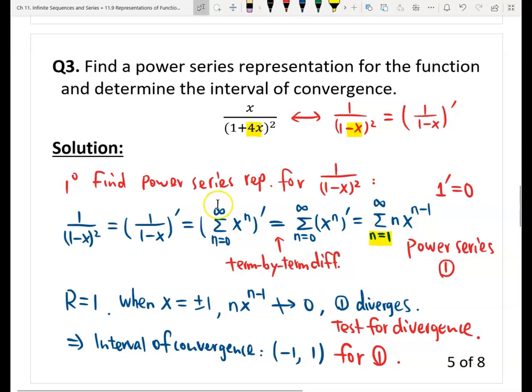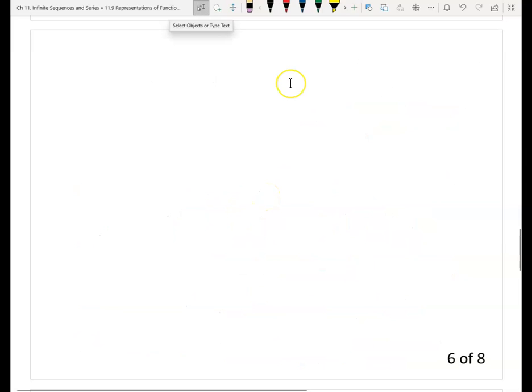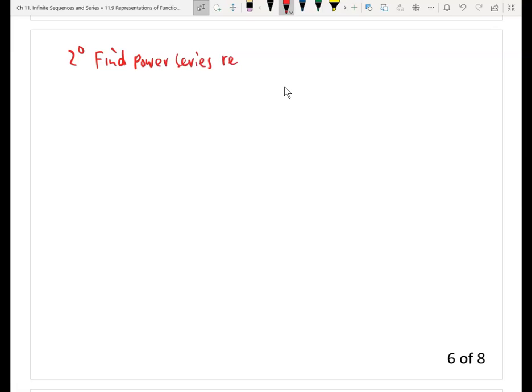Now we can go to the second step. In the second step, we need to find the power series representation for our function. So our function is x over 1 plus 4x squared.